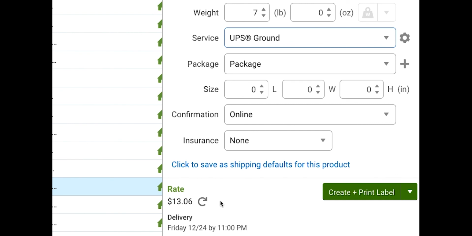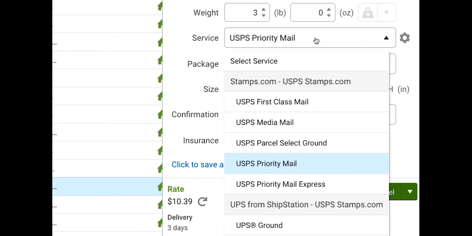That's $4.50 cheaper to ship the same product using UPS ground. But if the product was only, let's say 3 pounds, half of that, now UPS ground is at $9.74 and UPS priority mail is at $10.39. So basically almost $1 cheaper to use UPS ground.